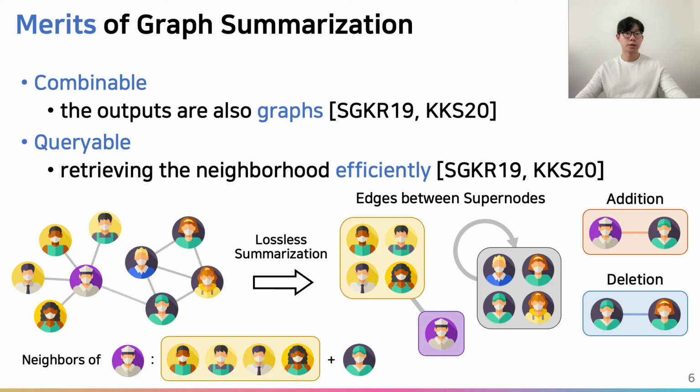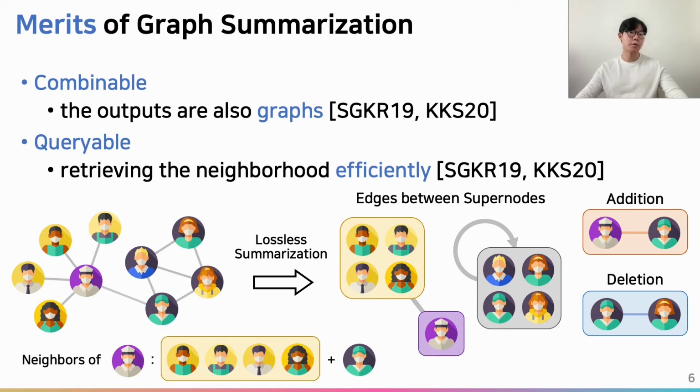Graph summarization stands out among graph compression approaches due to the following advantages. First, its outputs are graphs, and thus they can be further compressed using any graph compression techniques. In other words, graph summarization can be used as a preprocess to give additional compression. Moreover, the neighbors of each node can be retrieved by decompressing on the fly only a small fraction of an output representation.